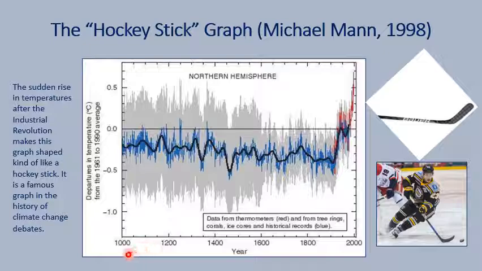So again, here on the bottom axis, you have historical time from the year 1000 through a little bit past the year 2000. And then here on the y-axis, you have temperature. So if we start here, kind of in the European Middle Ages, the general trend is declining temperature, although it bounces around some.